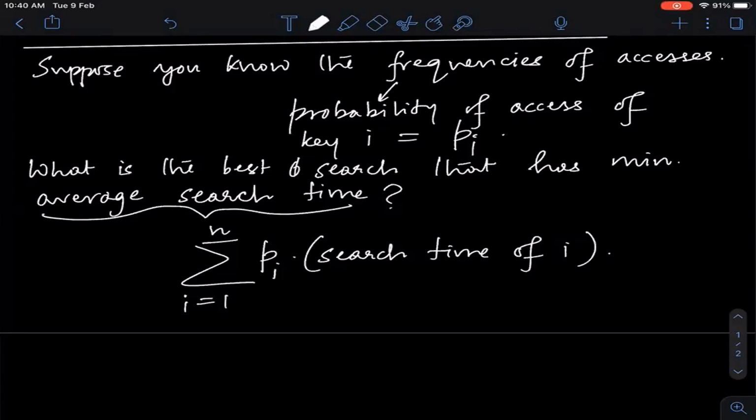If we didn't have this information, then I should always go for a balanced search tree. That will always give me an access time of order log n. Indeed, if you maintain a balanced binary search tree here, then the average search time cannot go worse than order log n.